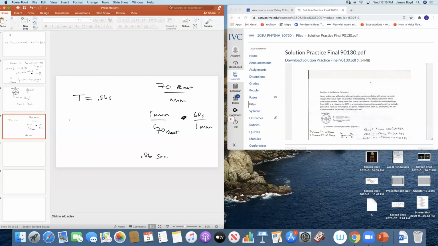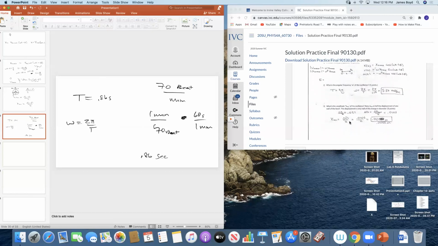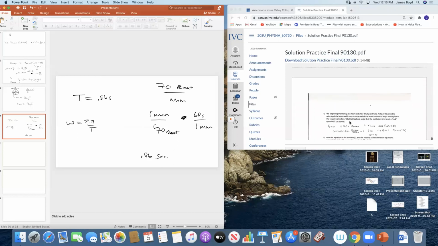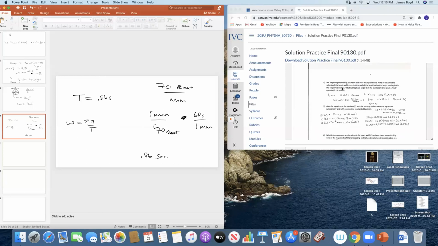If the period is 0.86 seconds, you can find omega from 2 pi over the period. And then we found x max already from the diameter. The last thing is to find phi. You're told that essentially this thing begins at maximum.